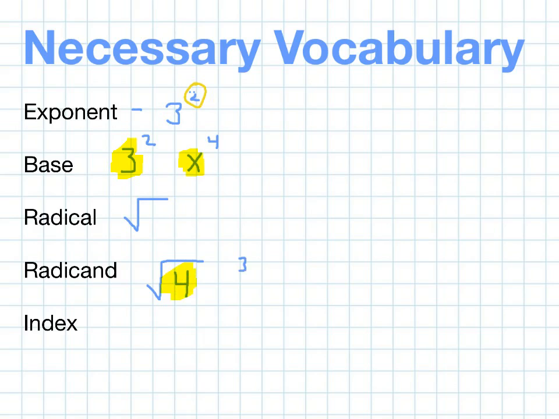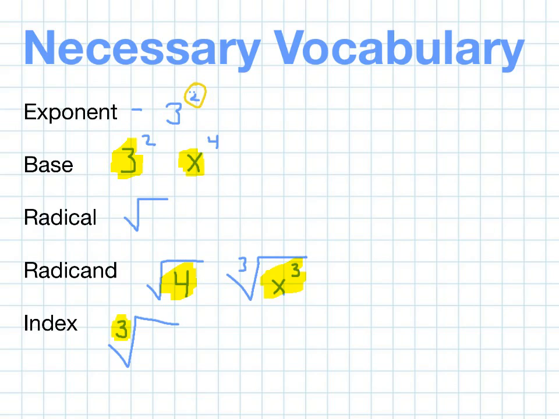If I do this, which is actually a cube root, but still with the radical symbol, and I do x to the 3rd power, then again the x to the 3rd power is the radicand. And finally, the idea of an index. So when I do this, the index is the number that sits in the radical.